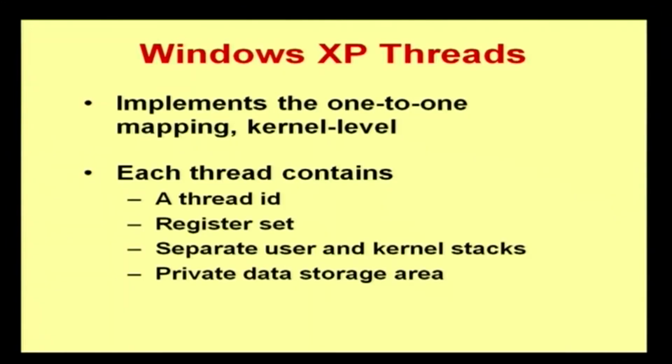Now let us see how threads are used in Windows XP. Windows XP implements a one-to-one mapping, or a kernel level mapping. So what does each thread contain? In our previous session about process, we saw what a process control block contains: process ID, process name, program counter, process registers, stacks, and so on.